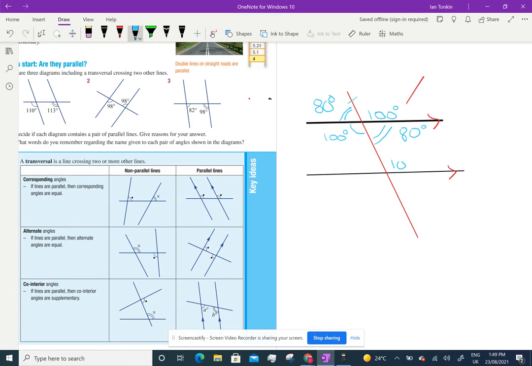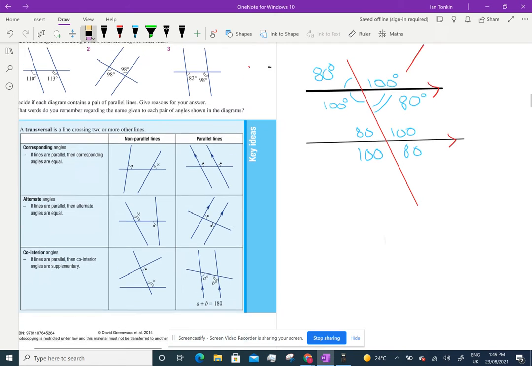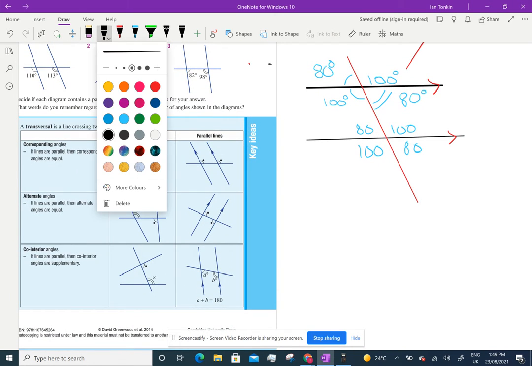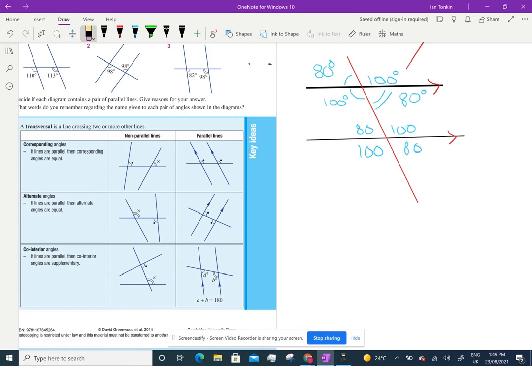So all of these map onto here, 100, 80, 100, 80, because they all correspond to an angle above. So let's have a look at the rules. We can write those rules up, and we do. So let's get rid of the 80, and let's just use symbols for angles now.